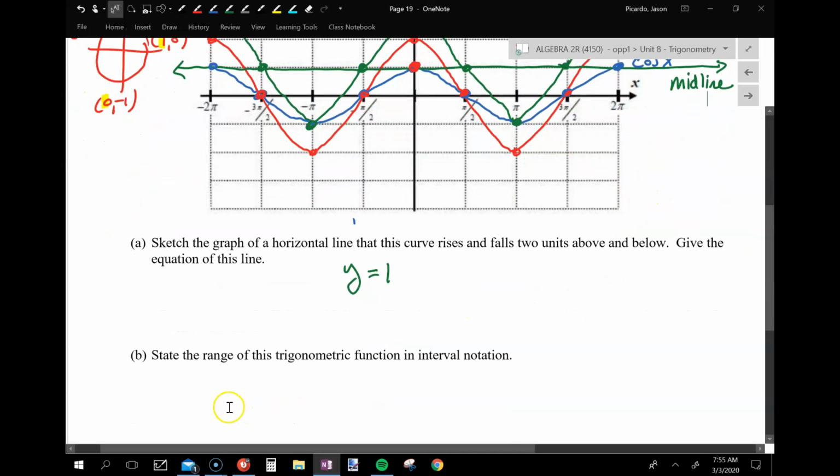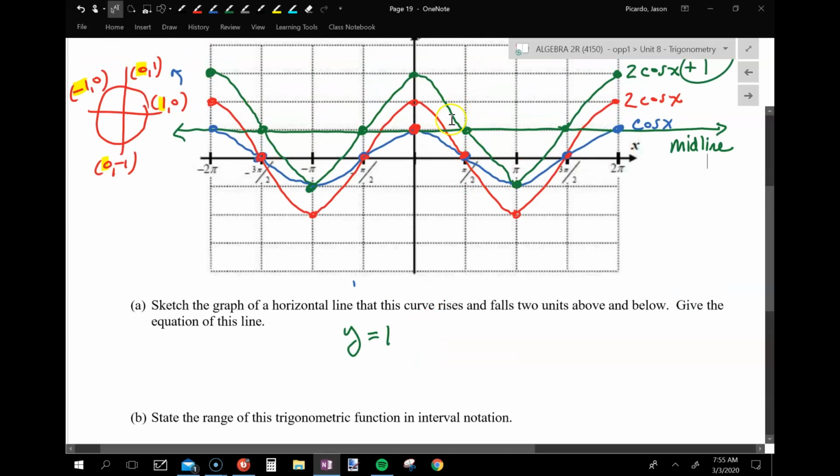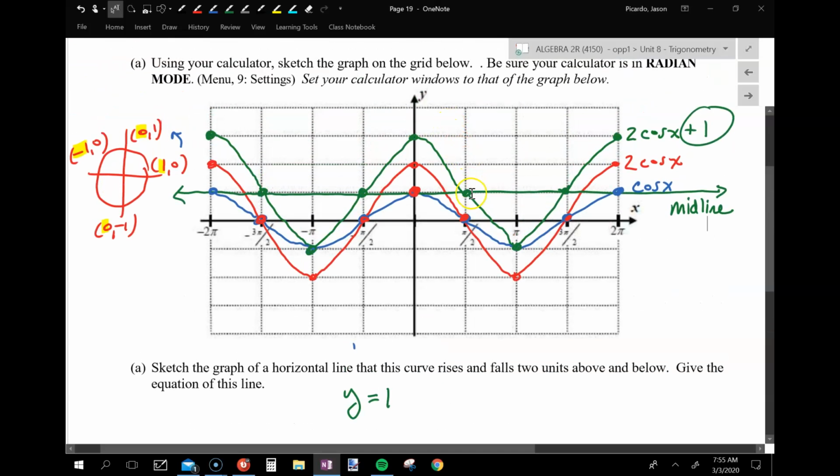Now, if you look at the range of this green graph, right? Before we do that, do we see how this point is 2 units above the midline? Do we see how this point is 2 units below the midline? Why is it 2 units above and below? Because of the 2, right?